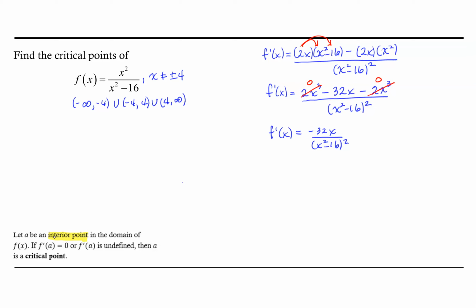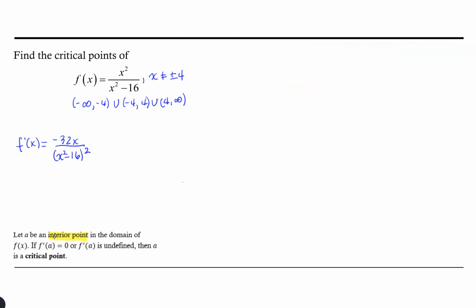Okay, so now that we have our derivative, I'm going to write it over here on the left. f prime of x equals negative 32x over the quantity x squared minus 16 squared. Now, we are looking for critical points. That is the task here.